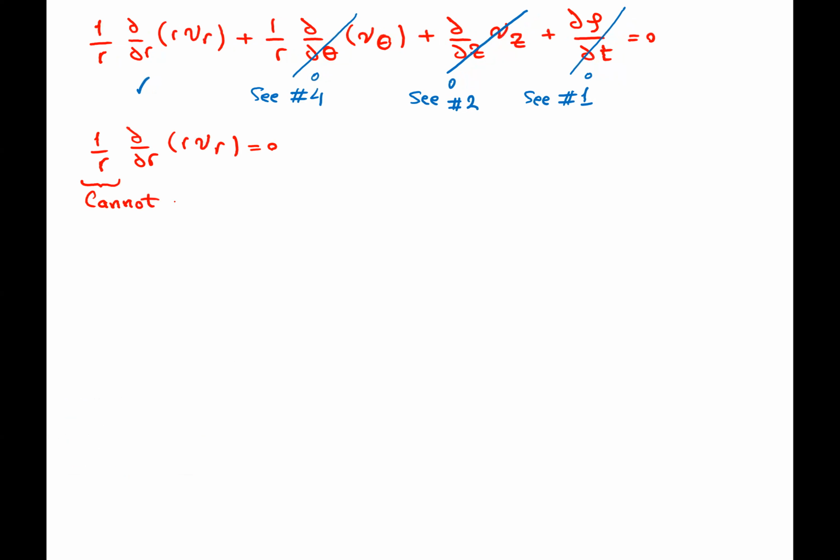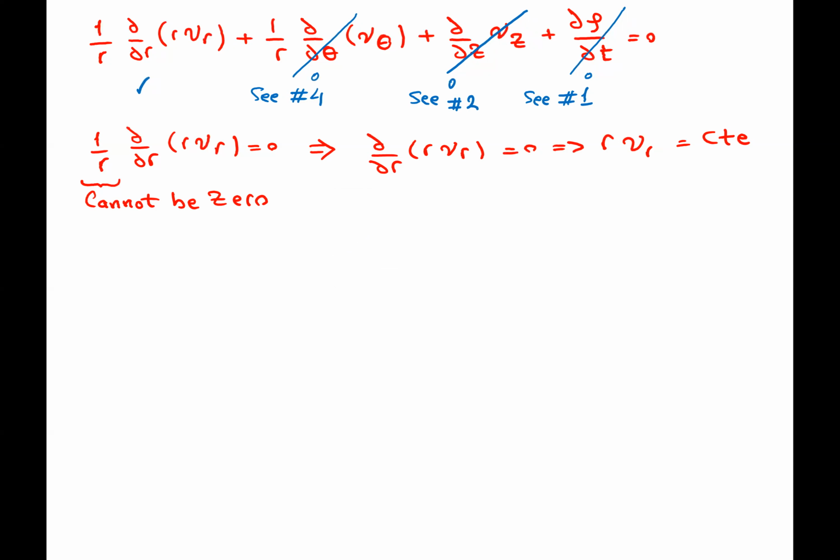Then the first derivative with respect to r of r v_r is 0, and that means that this r v_r is a constant, and that's why its first derivative with respect to r is 0. So this is a constant, okay?